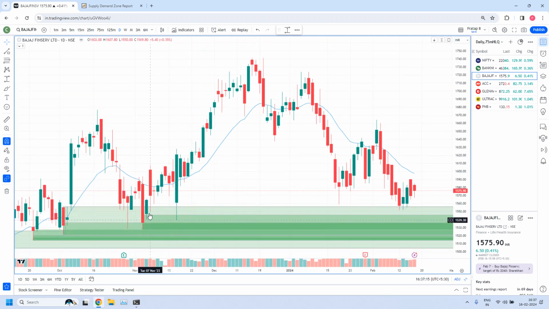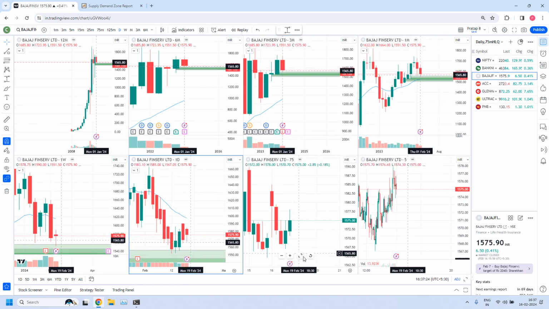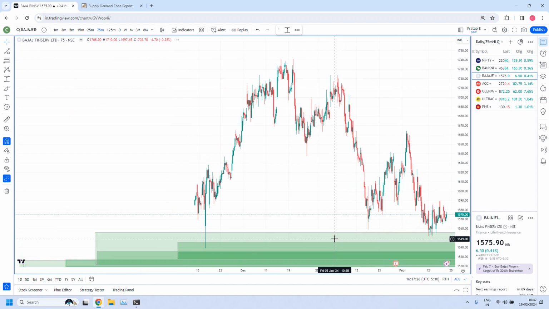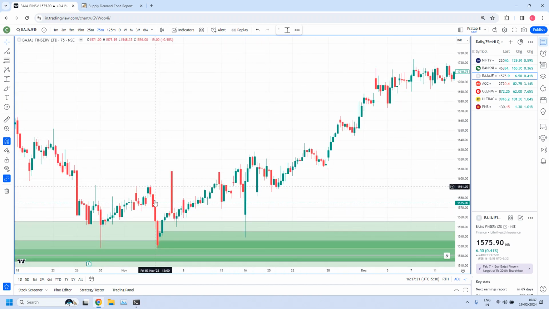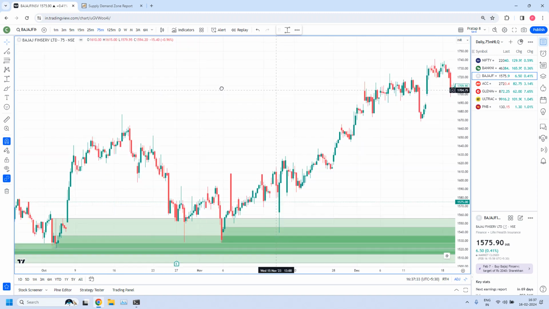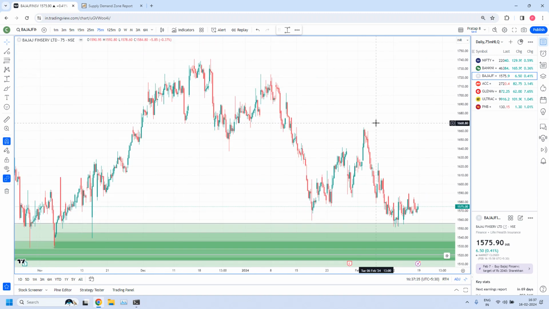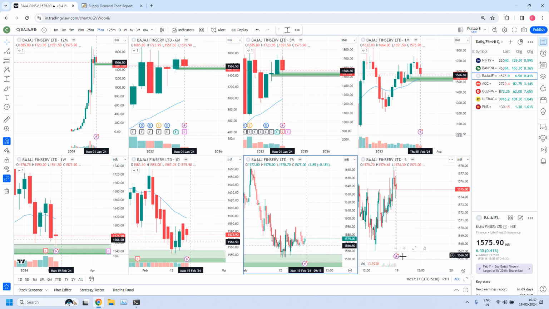This is an aggressive trade. 15 minutes, 5 minutes, inside the daily zone. 75 minutes is not there if I am not wrong. Let me check. Drop, base, rally, yeah, 75 minutes. Inside 75 minutes, do we have 15 minutes?